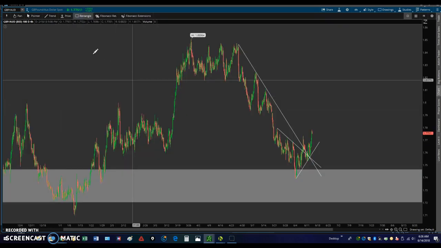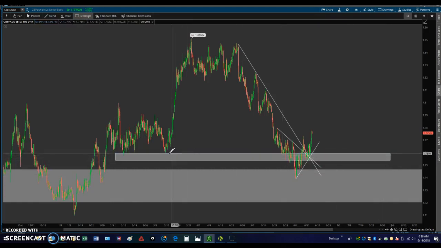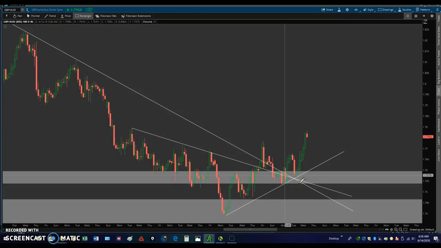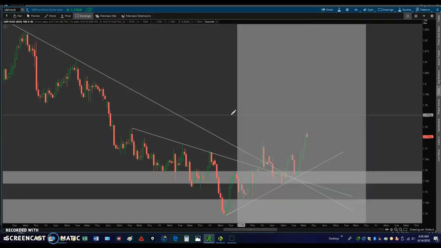And then you can see where price had used this general area as a pretty impulsive move in the past. So all that was coming together right in and around there.